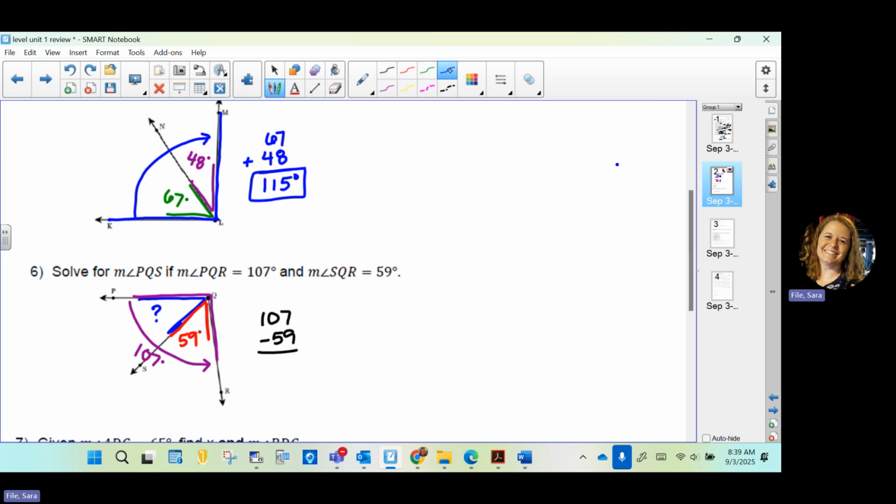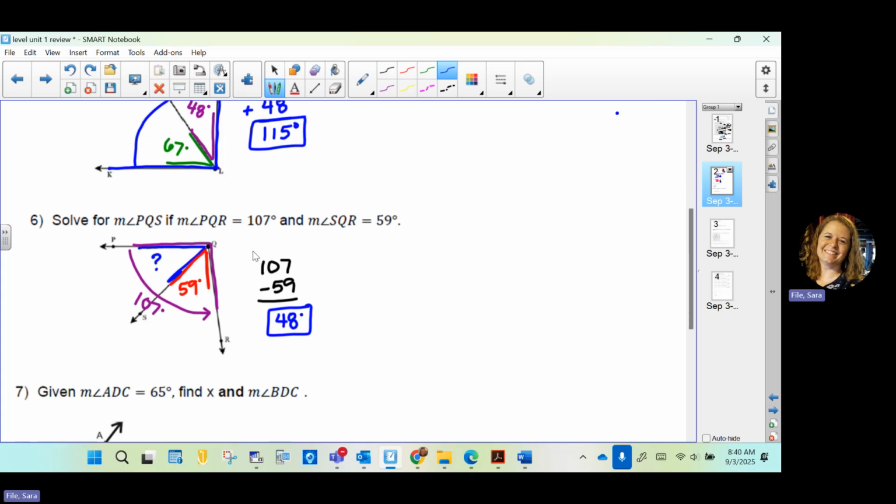So 48 degrees left for that blue angle. Does that make sense? So the angle addition postulate, you may have to add, you may have to subtract. You have to know how to name the angles so you know which ones they're telling you, right? That's why naming angles is so important. You can't answer these if you don't know what these angle names are.